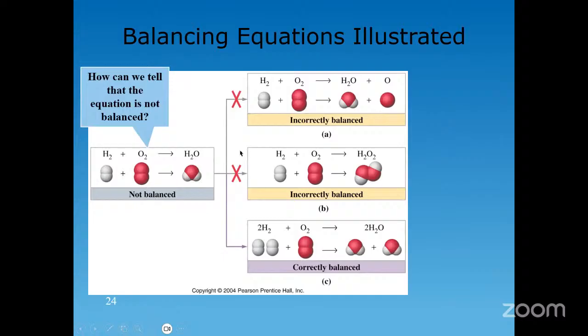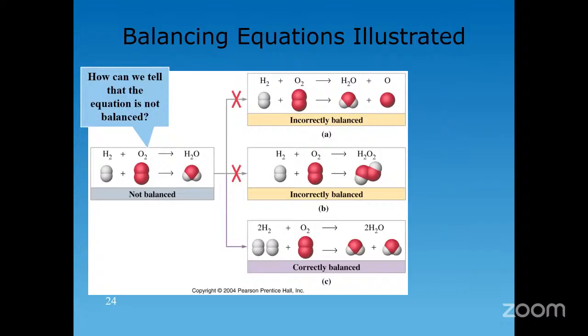Now, in order for the equation to quantitatively and accurately represent what is going on, we have to ensure that the equation is balanced. And we all know what that means, right? That means that in the equation, the number of atoms of each element on both sides must be equal, all right? And by the way, that's important because of the law of conservation of mass.